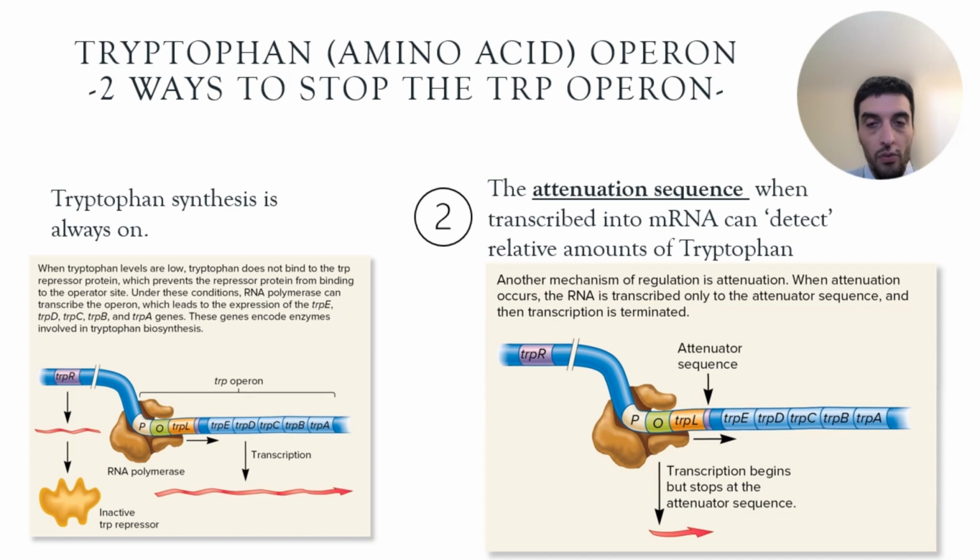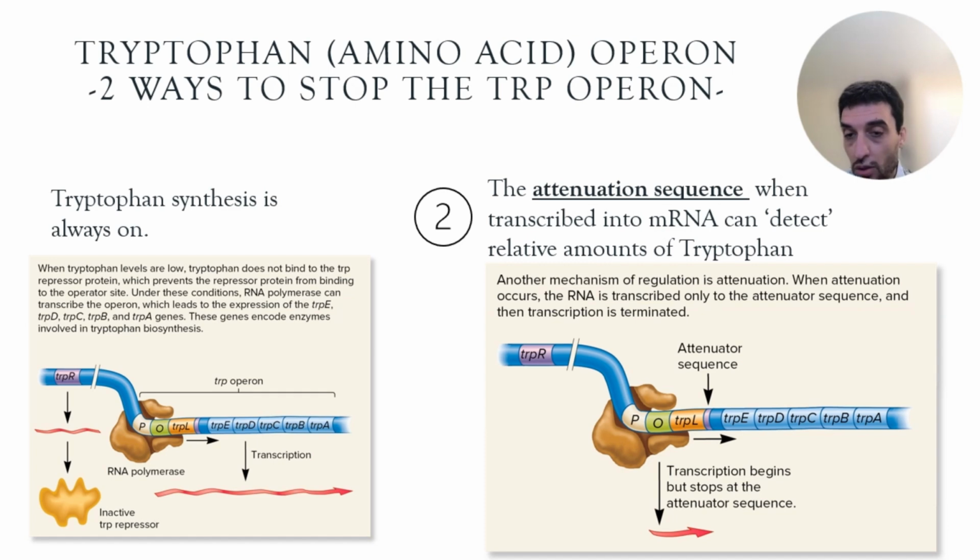Another way this operon works is through attenuation. So there's the same thing here. The trp operon is always working, always producing tryptophan. When there's too much, there is an attenuator sequence here in the 5' UTR, and this attenuator sequence is going to detect the amounts of tryptophan.